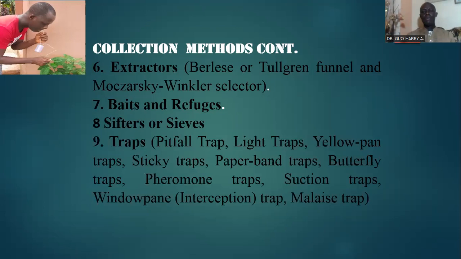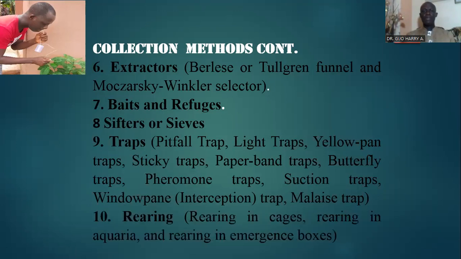The traps include the pitfall traps, the light traps, the yellow band traps, the sticky traps, the paper band traps, butterfly traps, the pheromone traps, the suction traps, the window pane or interception trap, as well as the Malaise trap. And then there's also the rearing technique, which includes rearing in cages, rearing in aquaria, and rearing in emergence boxes.